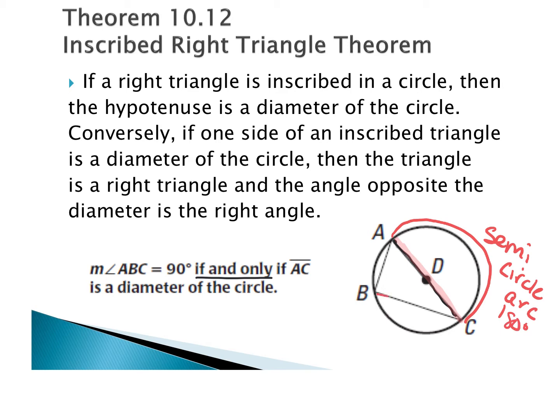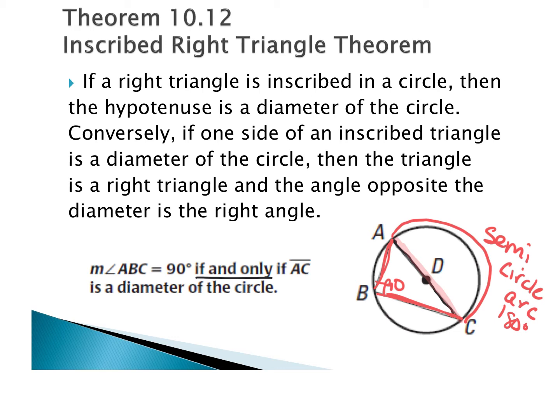When you have an inscribed angle, we know that that's going to be half of the measure of the arc. So we would know that 180 divided by 2 is 90 degrees, making angle B a right angle. So again, there's multiple ways to go about looking at these things.